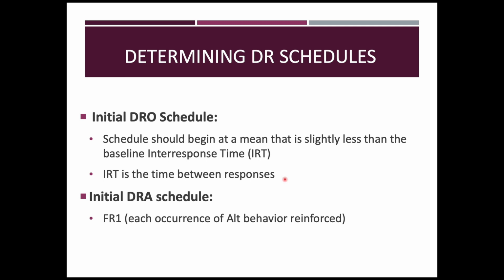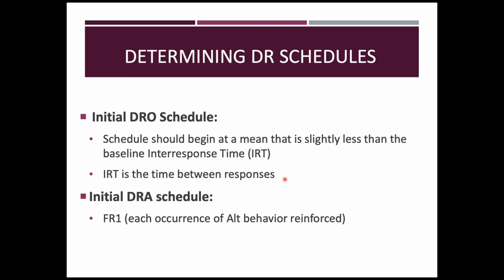We have to first run this DRO schedule to the point where problem behavior is eliminated, or at least very low, and that maintains under our initial schedule. Then we could begin changing that schedule, going from, say, an FI 10 seconds to maybe an FI 30 seconds.